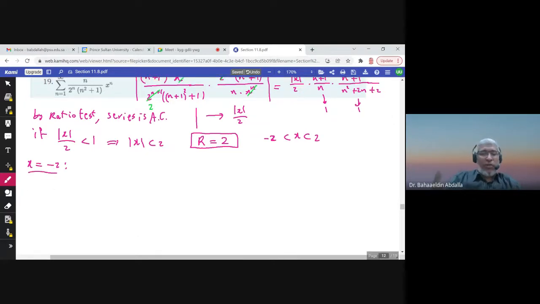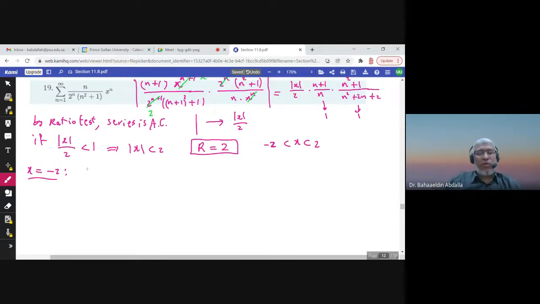the endpoints. So in this case, I will have, notice, -2 to the power n. And here I have 2 to the power n. So when I divide -2 by 2, I get -1 to the power n. So I'll have -1 to the power n times n over n square plus 1. 2 to the power n will be cancelled with 2 to the power n.